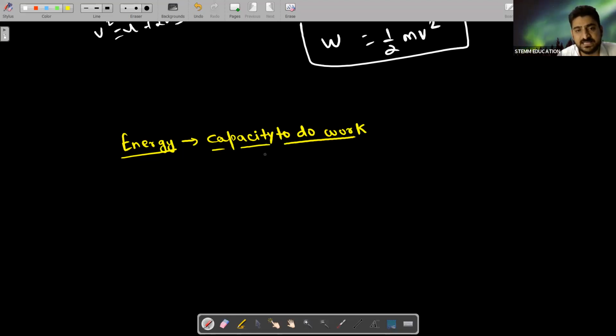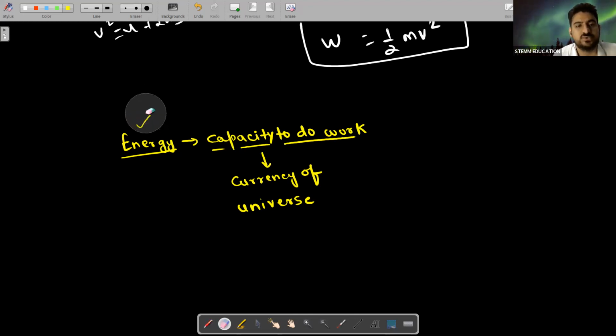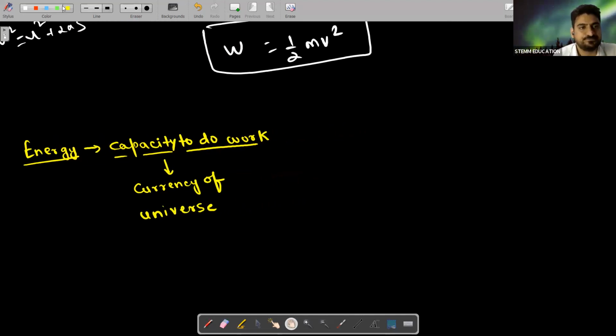And it is basically the currency of the universe. So if somebody has the currency of energy with him, then he can do a lot of work. Like in our day-to-day life, if somebody has a lot of money, he can do a lot of things.